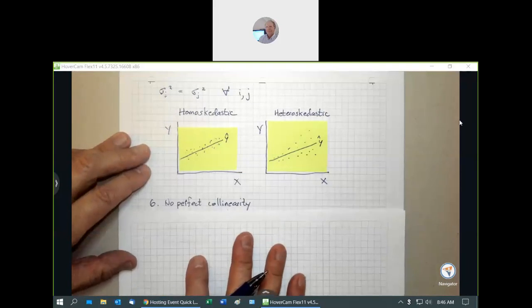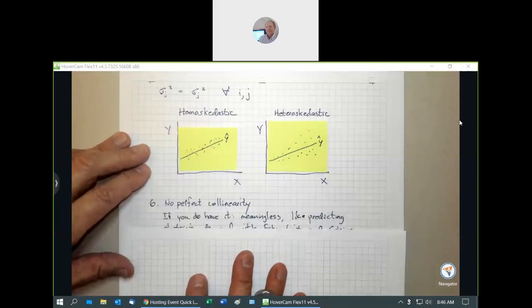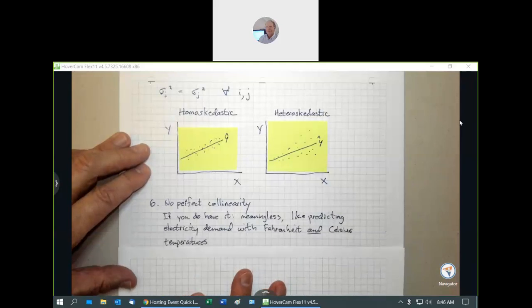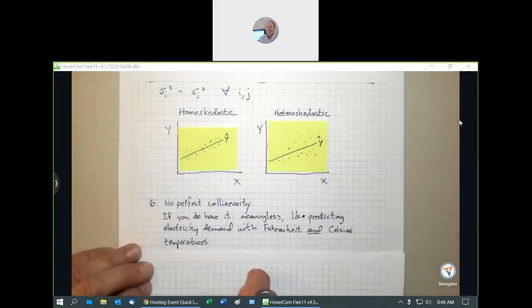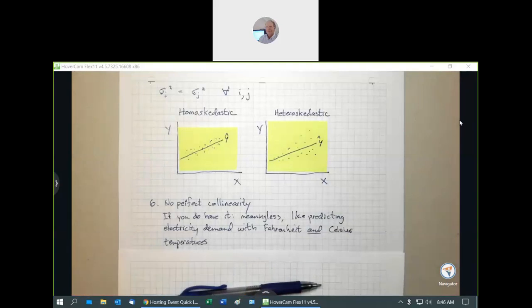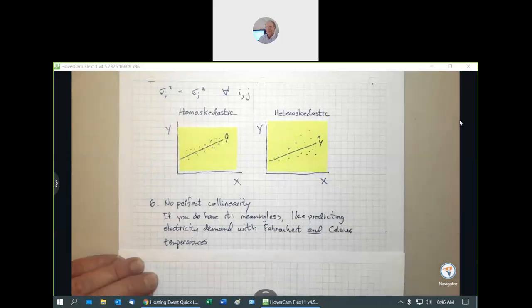Then, no perfect collinearity. If you do have perfect collinearity, then it's meaningless. So what I'm saying here is you don't have any 2 variables that are perfectly correlated with each other. Because if you throw in 2 variables that are perfectly correlated with each other, then you can't run the estimation. Here is an example, predicting electricity demand with Fahrenheit and Celsius temperatures.